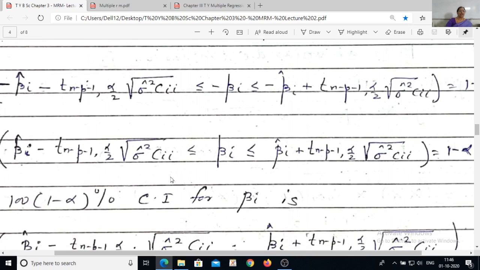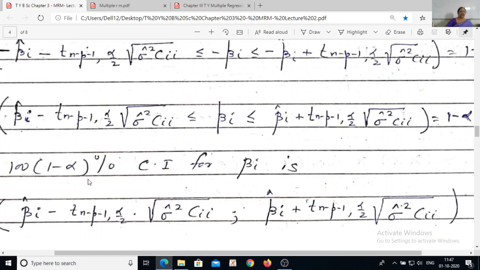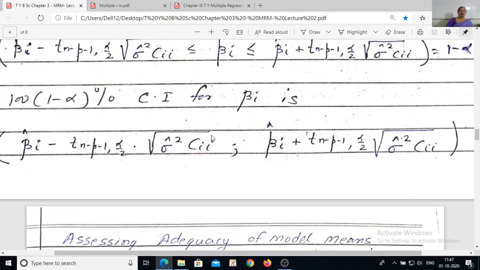Now again if I multiply throughout by minus 1, I have to again change these signs. Okay, so if I multiply here by minus 1, here I will have plus sign, that will go on the right hand side, and if I multiply here by minus 1, this beta I becomes plus and this term will be negative here. Since I am multiplying it by minus 1, I have to reverse the inequality, and therefore 100(1 minus alpha) percent level confidence interval for beta I is beta I cap minus t n minus p minus 1 alpha by 2.